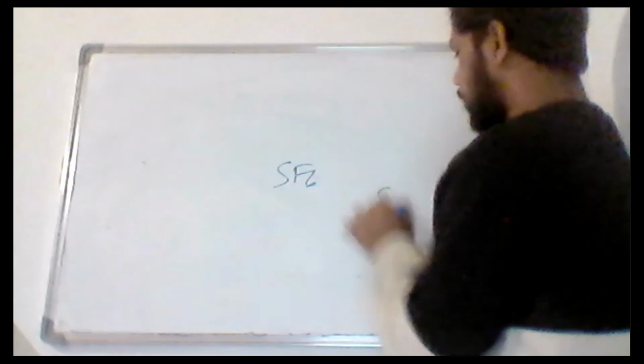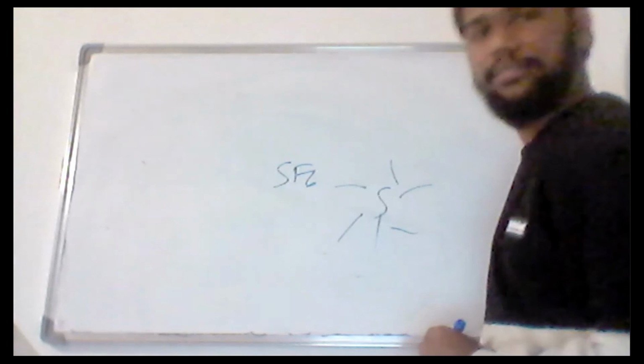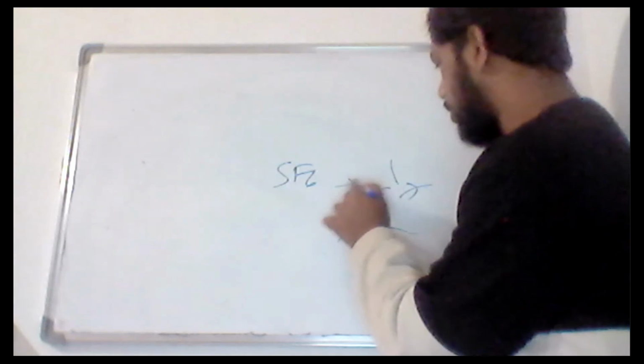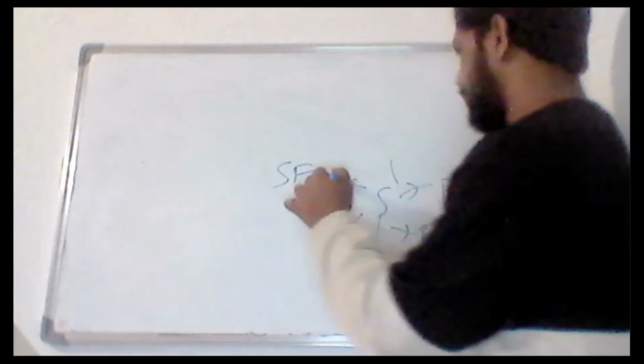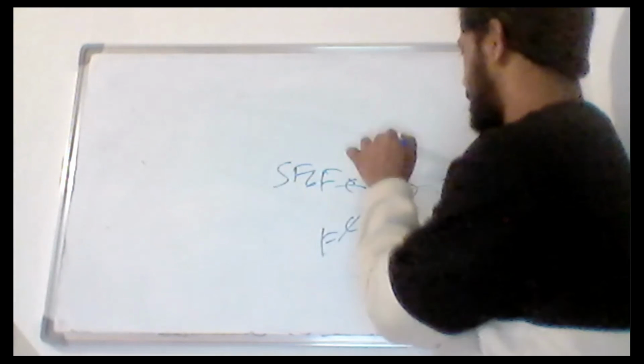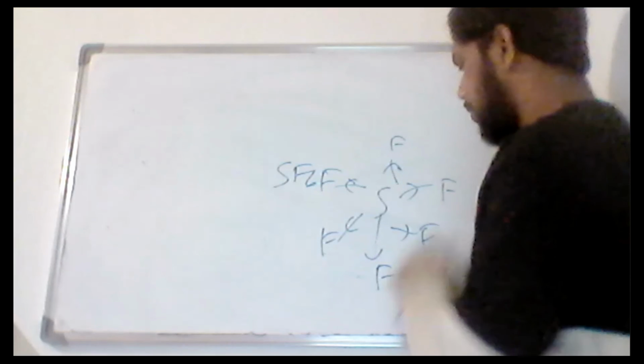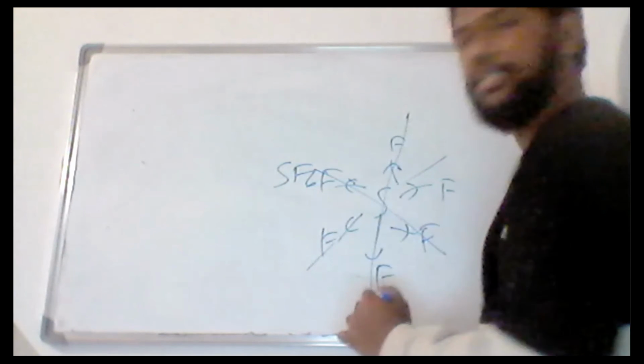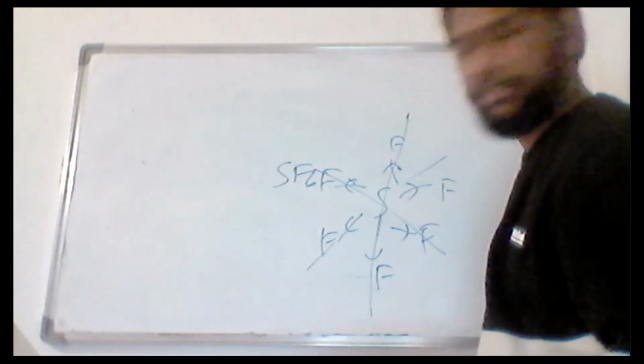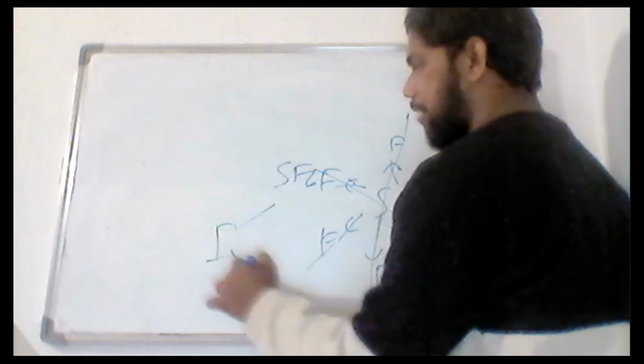Then come to SF6. Sulfur is present in the four planes. These bonds are attractive. So all these dipole moments cancel, so there is no resultant. Then you have ICl4 minus.